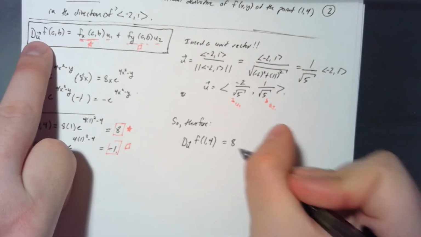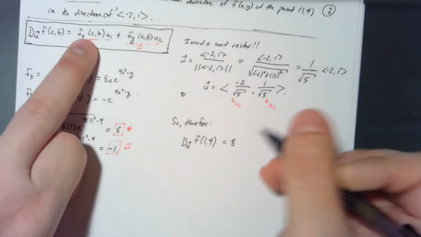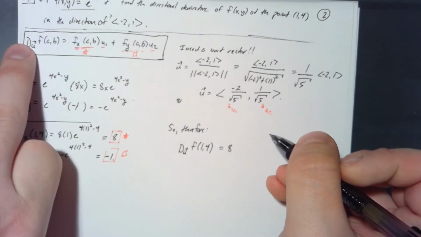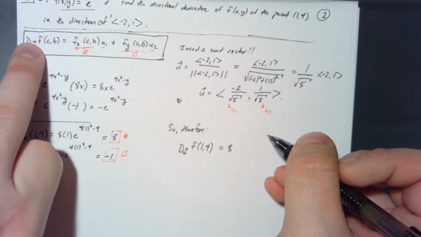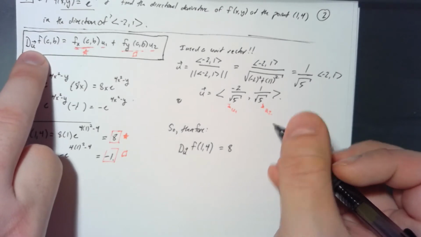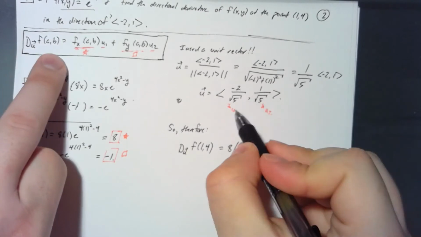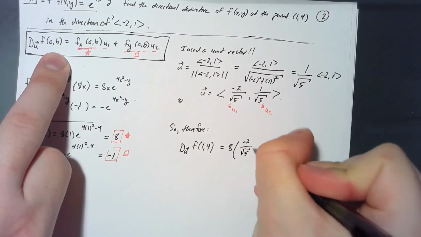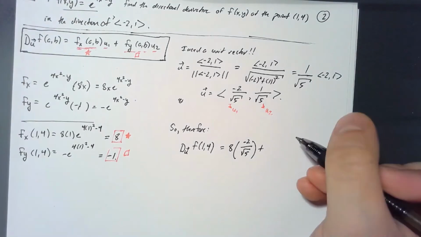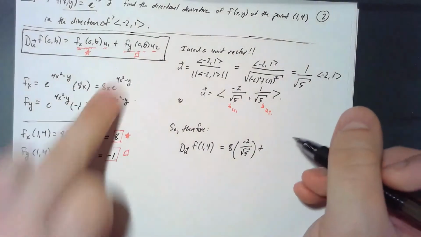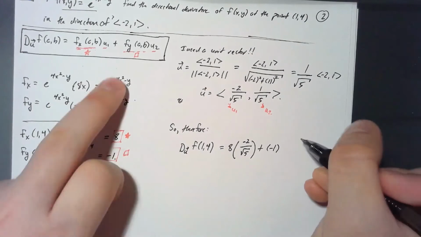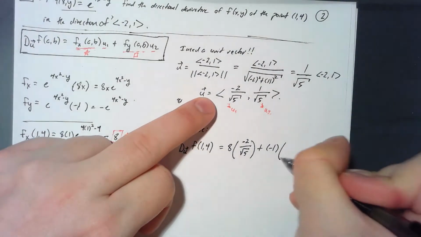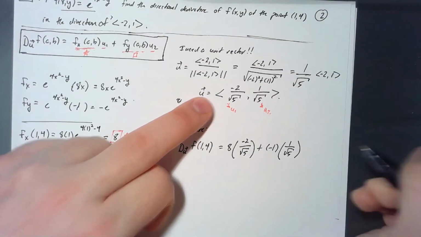That's what this is, the dot product between this and that. So that's going to be 8 times the u1 component of the unit vector, which is negative 2 over root 5, plus negative 1 times the u2 component of the unit vector, which is 1 over root 5.